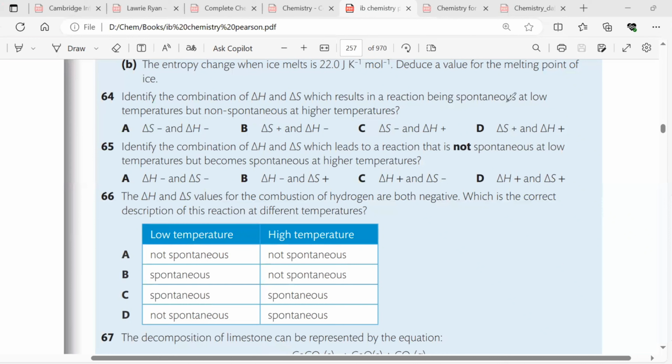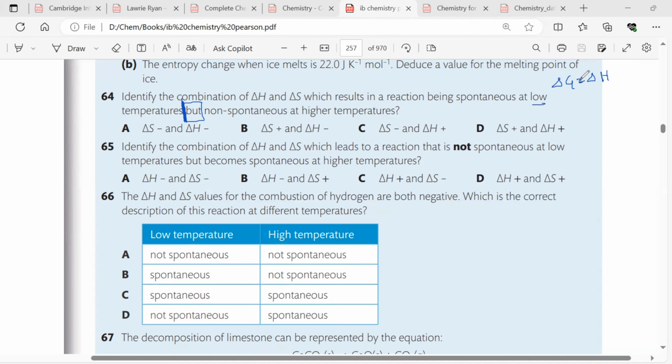Will be resulting in a reaction spontaneous at a low temperature, right? Just take one by one. Now tell me, K. If you have a low temperature, how can you write down the equation? Delta G is equal to what at low temperatures? Delta G is equal to delta H, right? Everybody is on the same page?